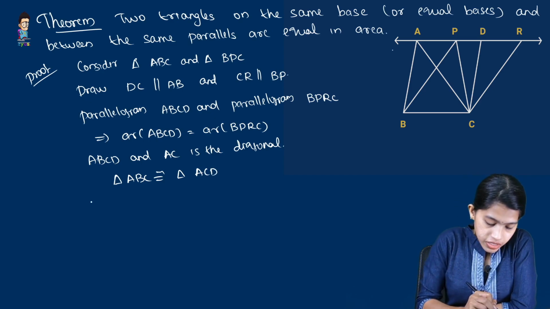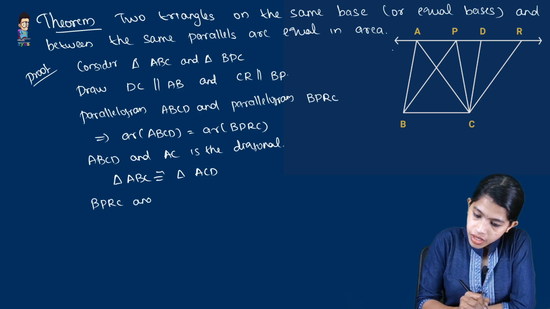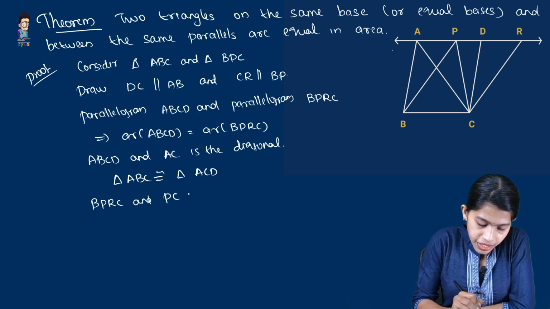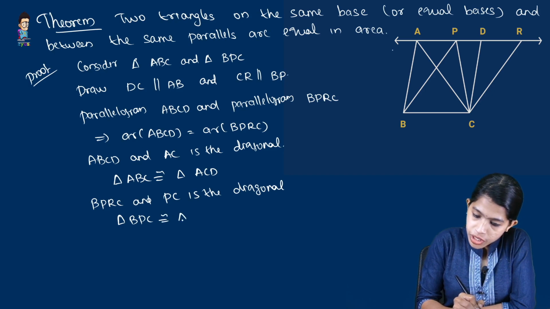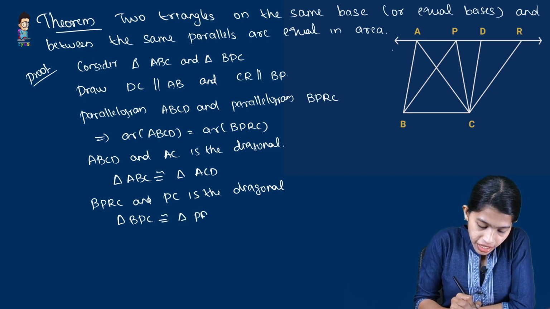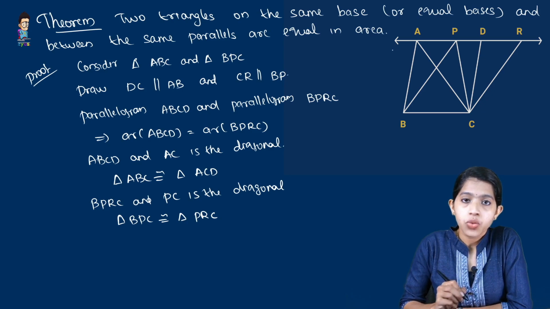Similarly, consider the parallelogram BPRC and PC is the diagonal. Now we can see that triangle BPC is congruent to triangle PRC. Since these triangles are congruent, we can say that their areas are equal.